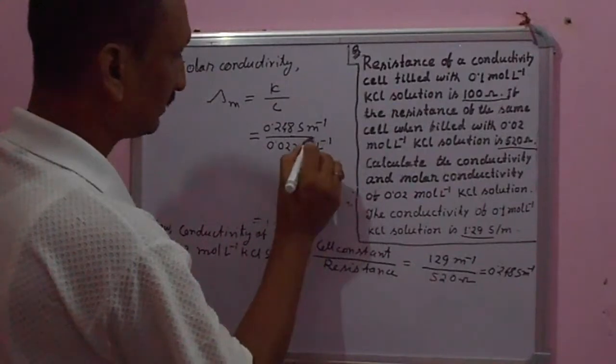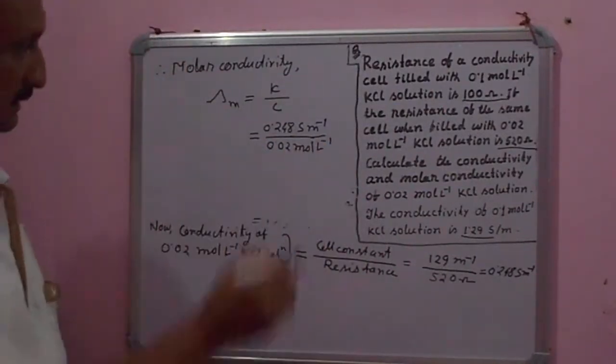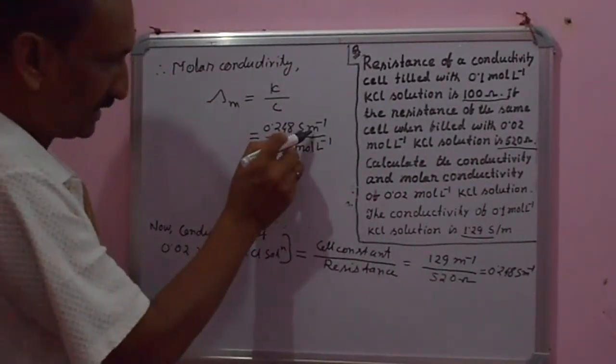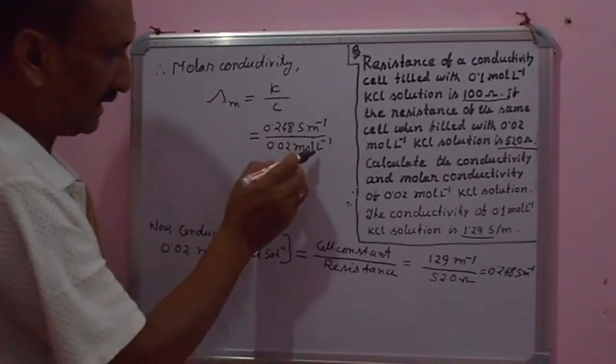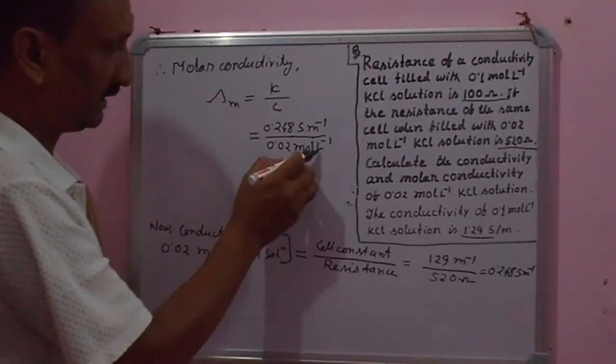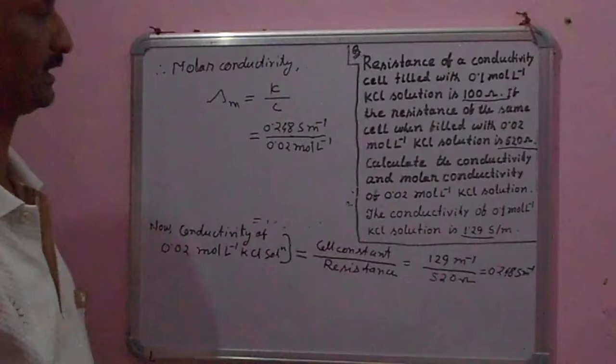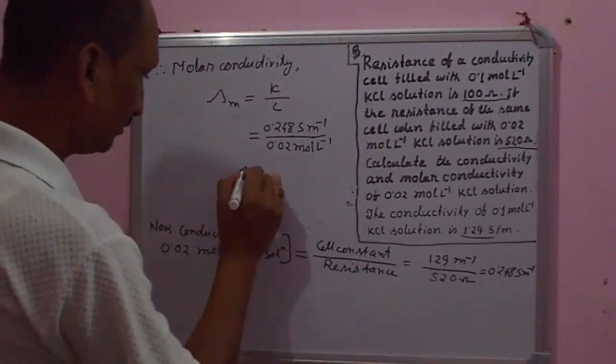Now here one unit is in meter inverse and another is in liter, so we have to convert this liter to meter cube.